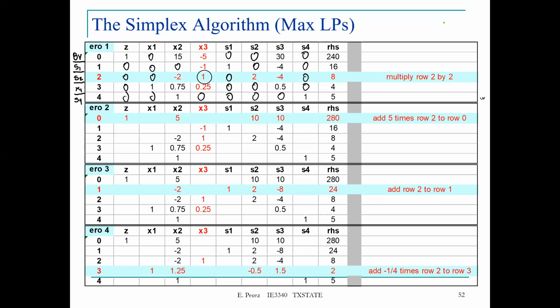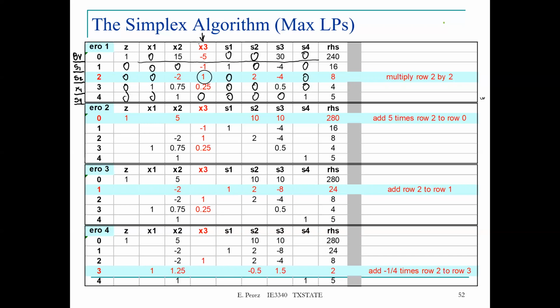So we can identify from row 0 the largest negative coefficient, and that is going to be -5. That means that x3 has to enter the basic variables. So x3 is going to enter. Now we have to determine who's going to leave: s1, s2, x1, or s4.